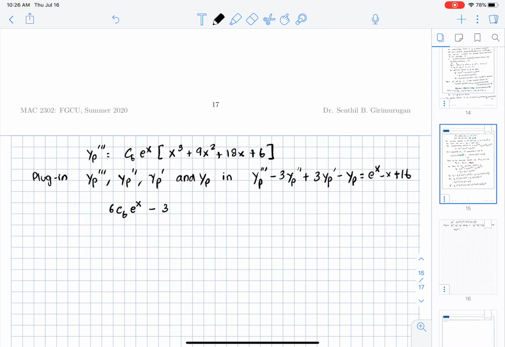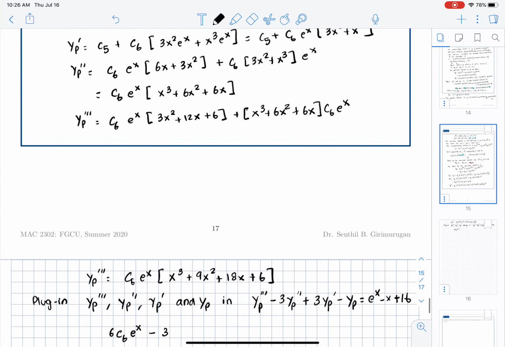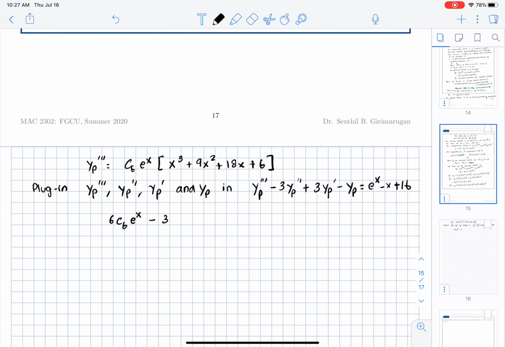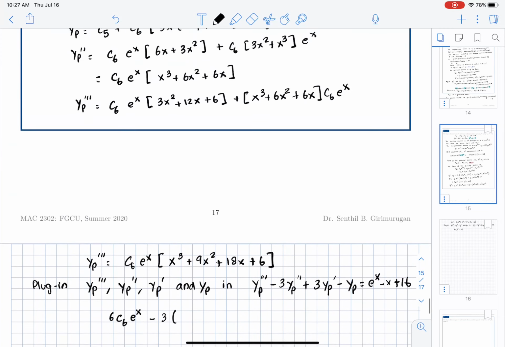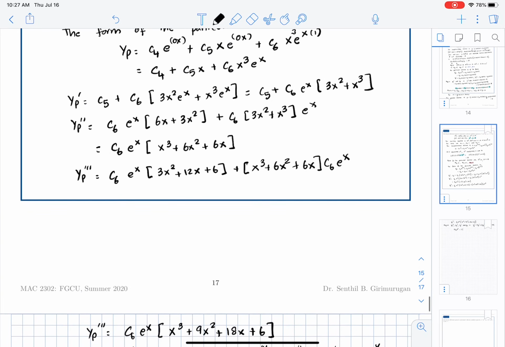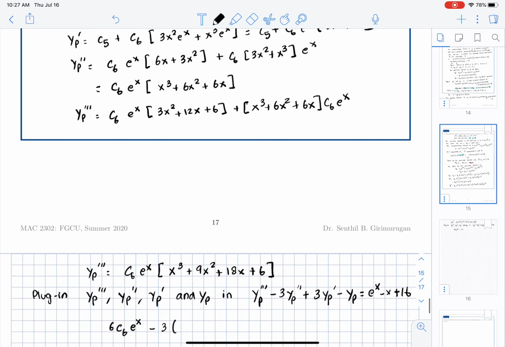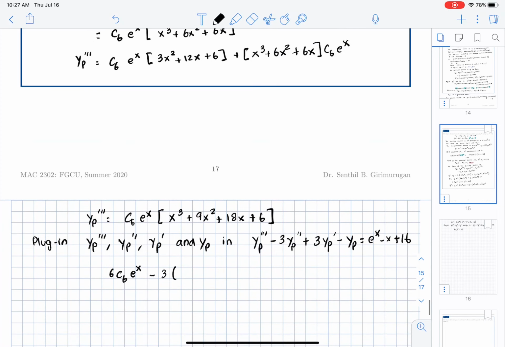Second derivative, I need an e raised x term or an x term. The third derivative has no x terms. Okay. And the second derivative, I'm looking for e raised x or a constant. I don't see any e raised x terms, so I'm going to leave it as is.